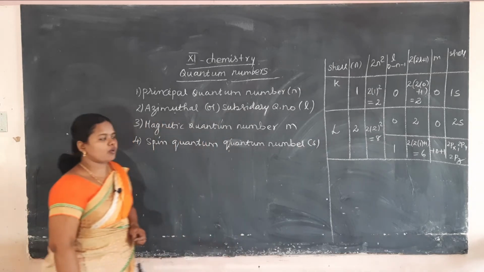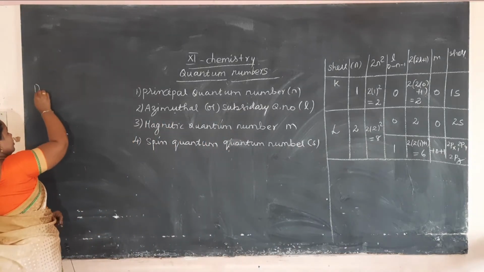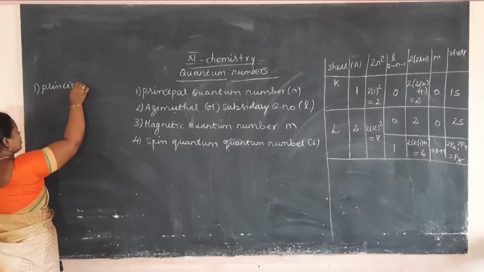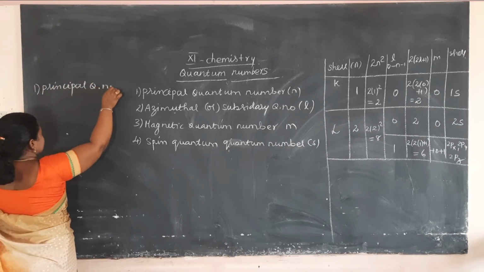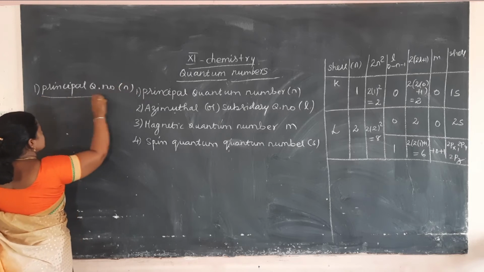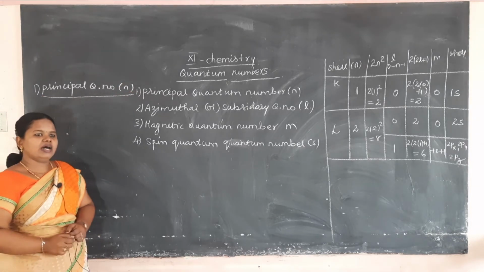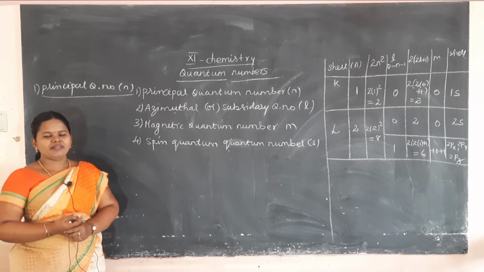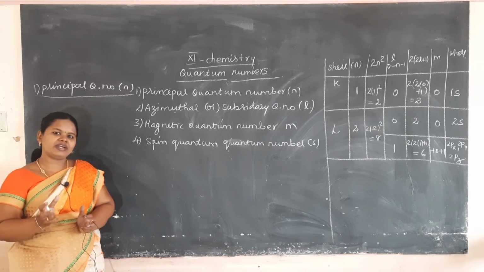So first quantum number, the principal quantum number, that is represented by the letter n. This principal quantum number will represent the energy of the different shells, that is, the different energy levels.